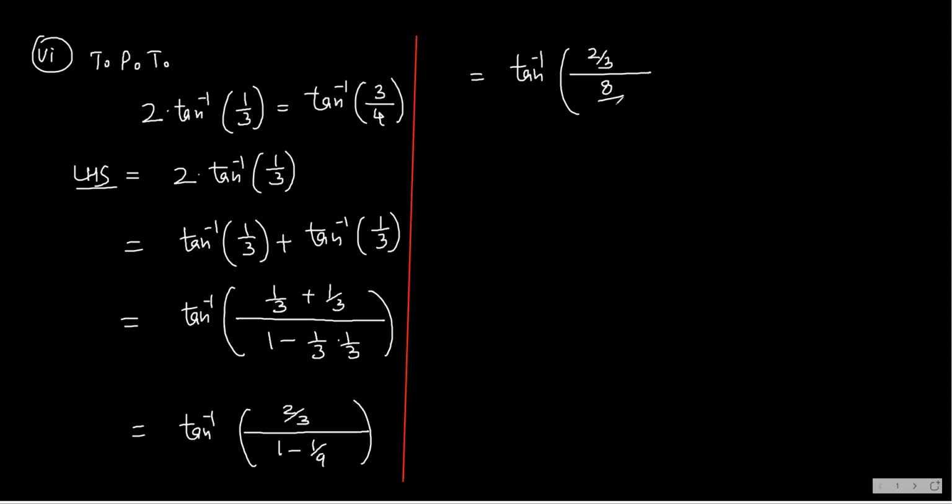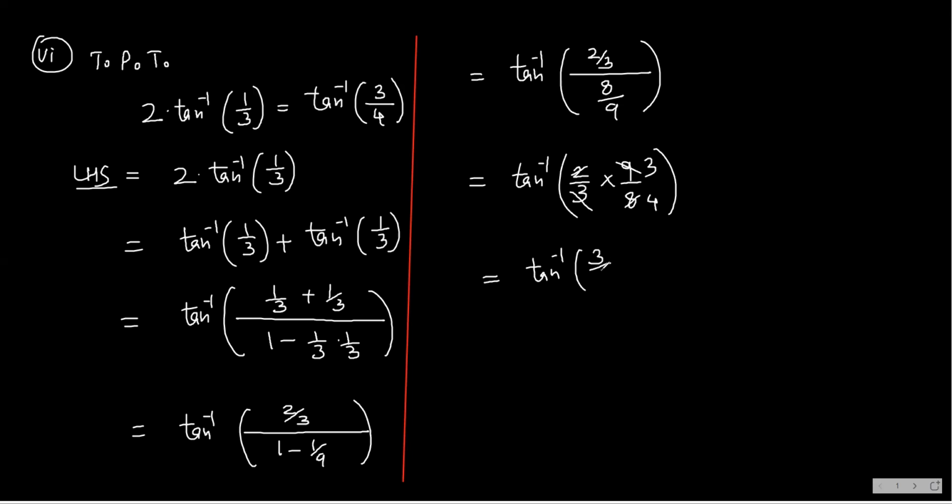That is 8 upon 9. So this gets you tan inverse of 2 by 3 into 9 over 8. This is 3 and this is here 4. So that is equal to tan inverse of 3 by 4, which is RHS. So LHS equals RHS. Therefore, LHS equals RHS.